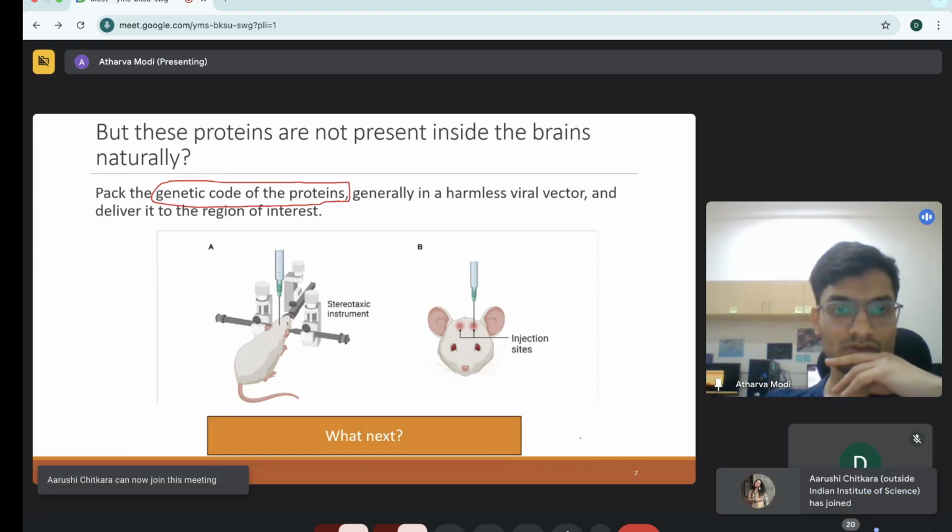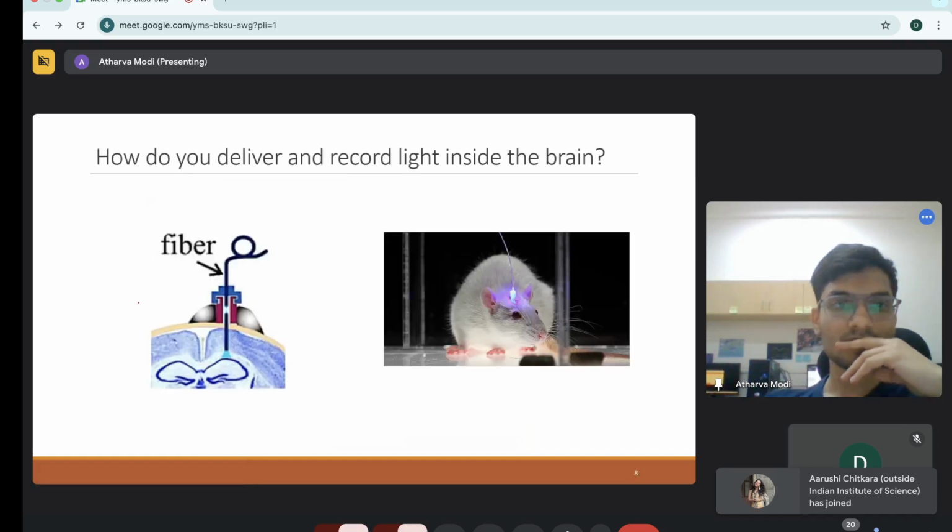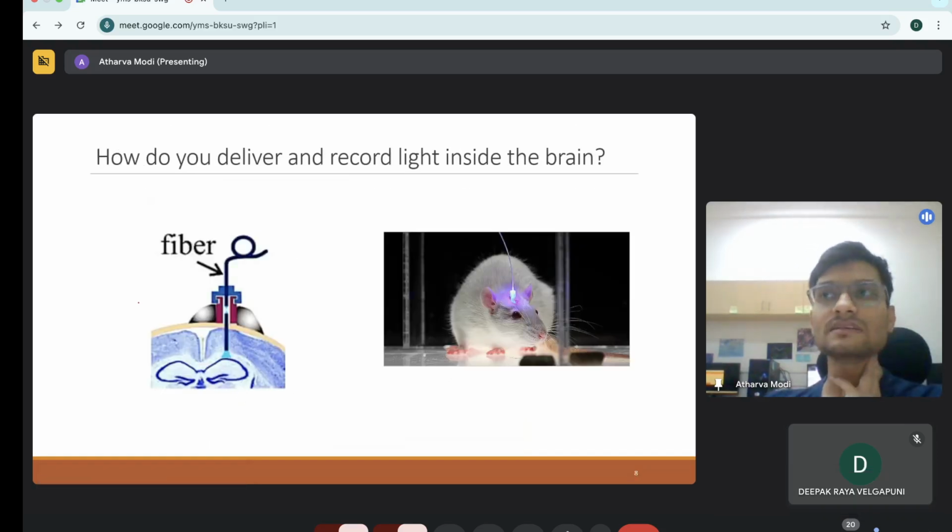Now, once we have the sensor in place, we need to deliver and record light inside the brain. So how do we do that? We implant a fiber inside the brain using the same stereotaxic surgery. We take an optical fiber and glue it to the skull surface.